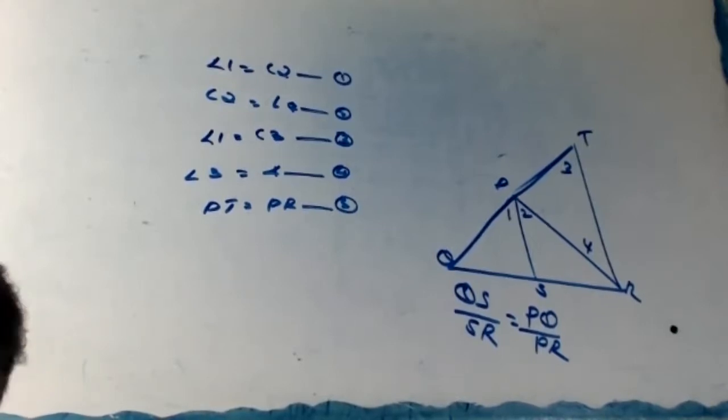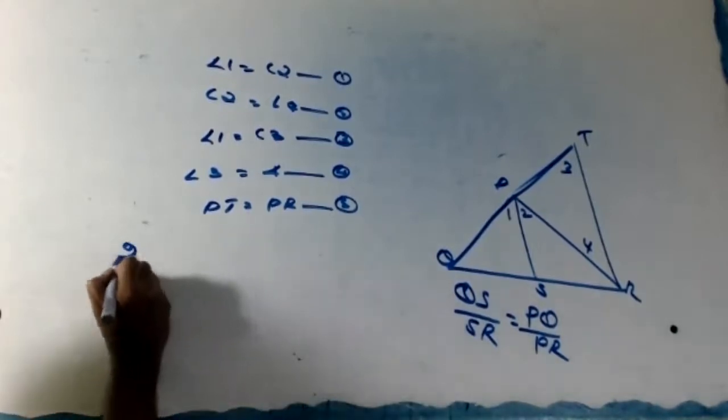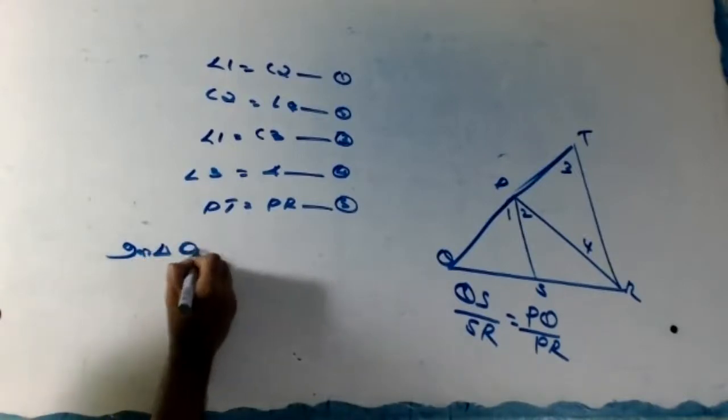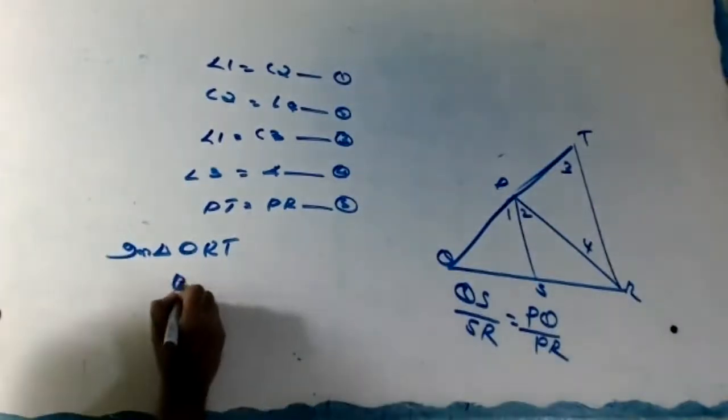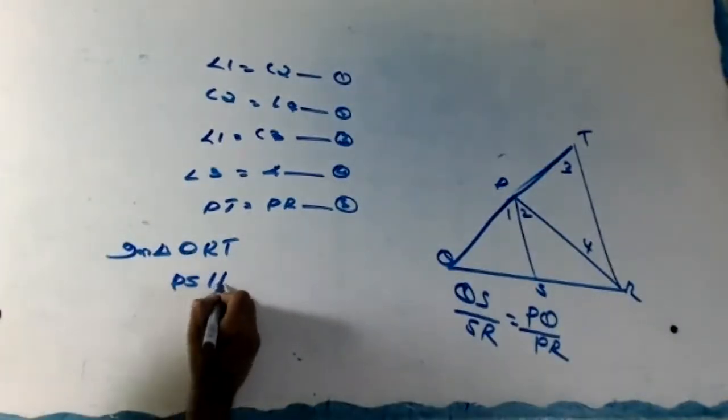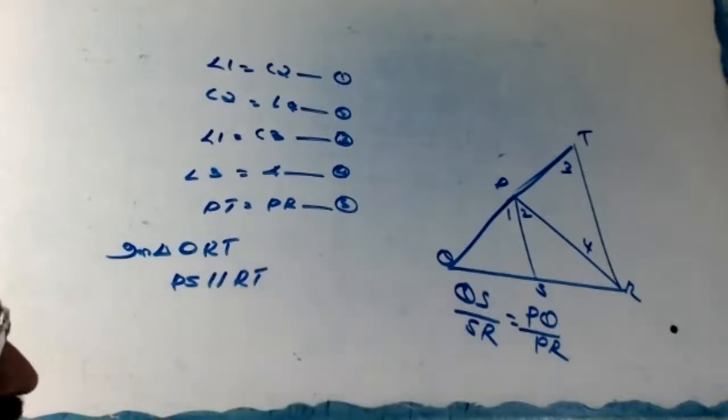After that, I'll give the note. Don't write. Now, in triangle QRT, PS parallel to RT.